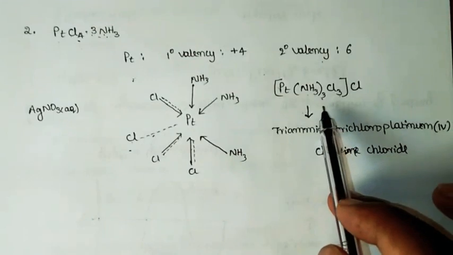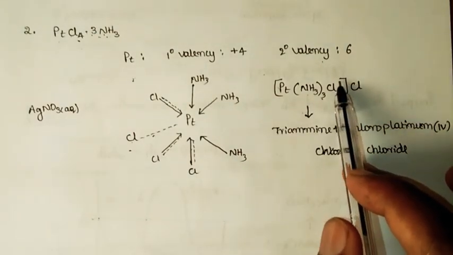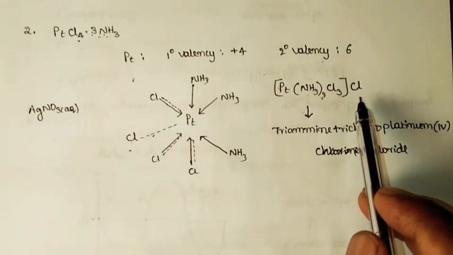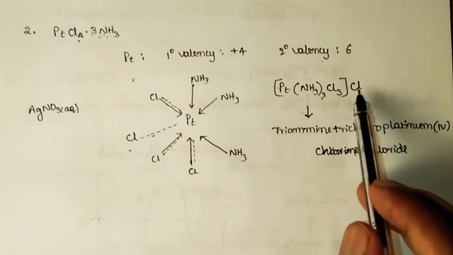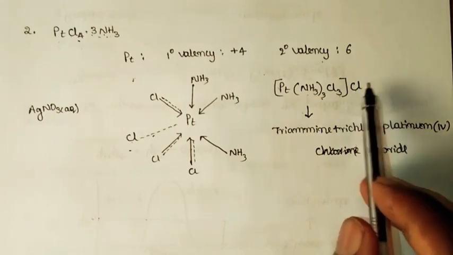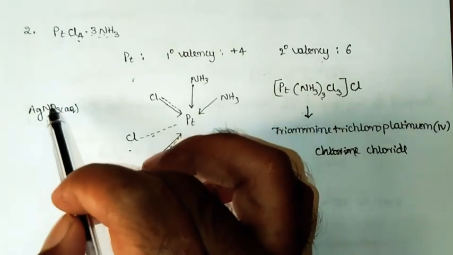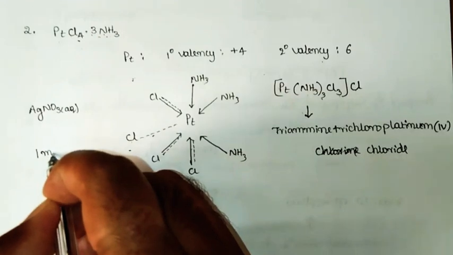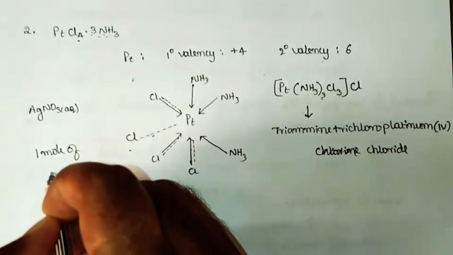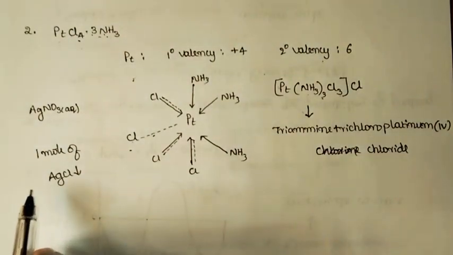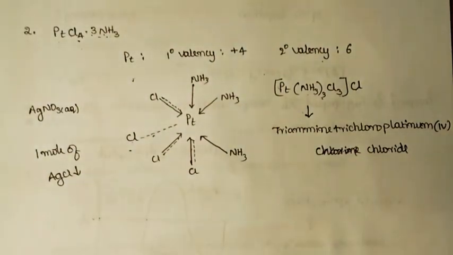But if you go with this one, you can see inside the coordination sphere there are 3 chlorines which cannot come out into solution in the form of Cl-, but this ionic part can come into the solution as Cl-, which can only react with aqueous AgNO3 to form AgCl. So here we get only 1 mole of AgCl precipitate. Right?